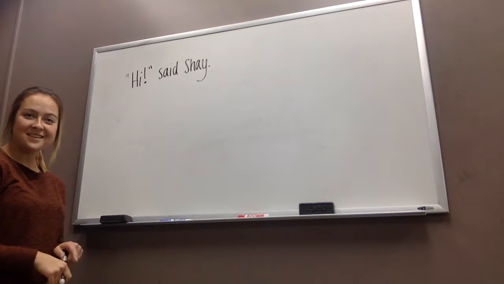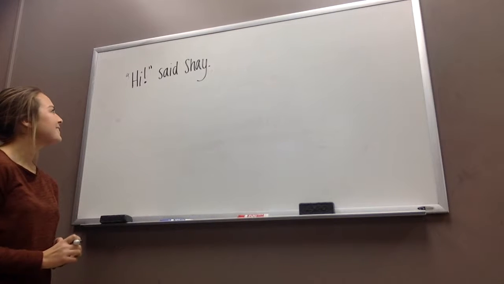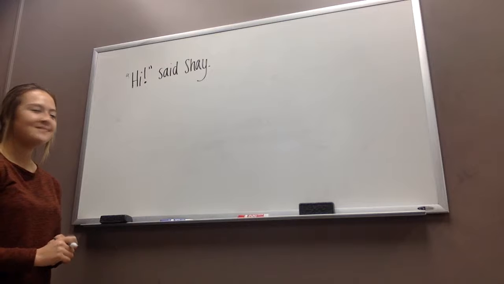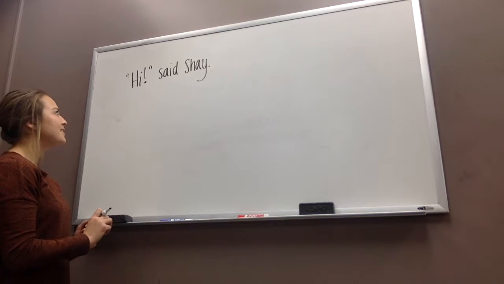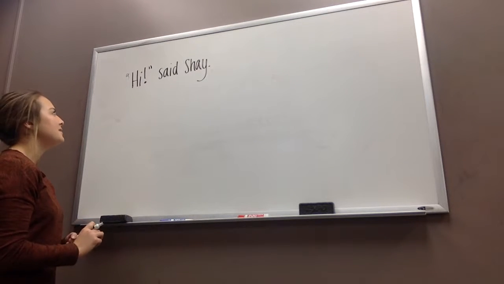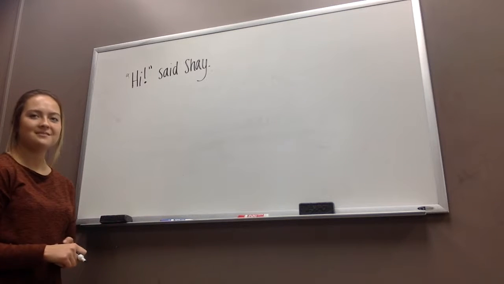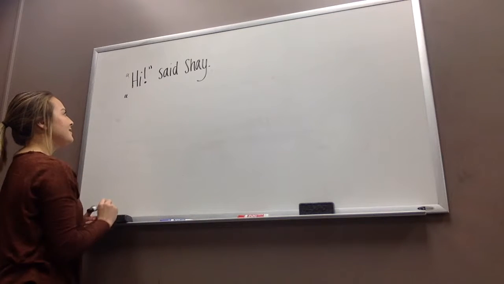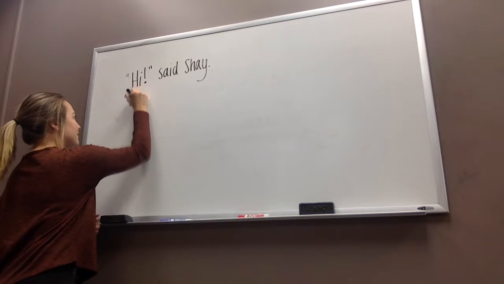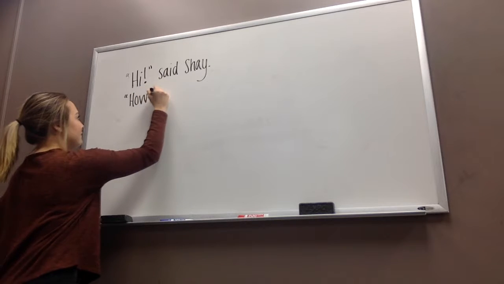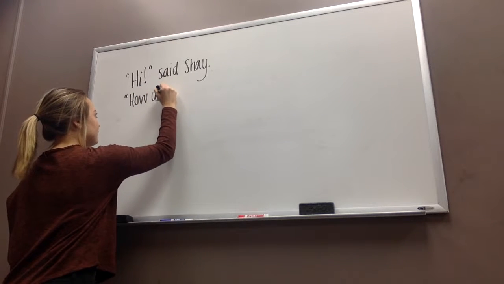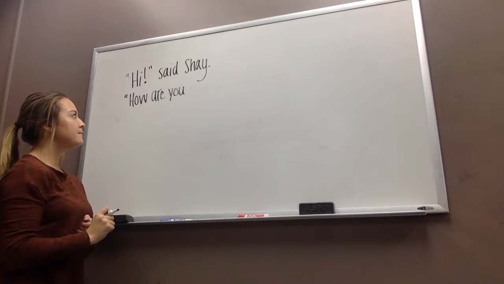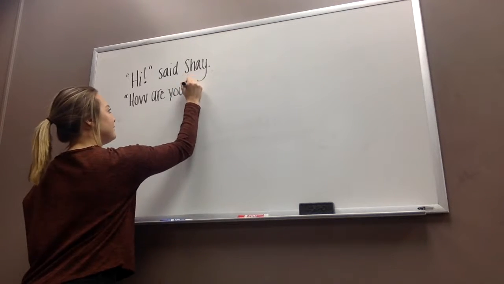Rachel, would you like to add something? How are you? And how would we write that on the board? Well, you need quotations first, and you need a capital H. And then, because there's a how, you have to have a question mark. Very good.